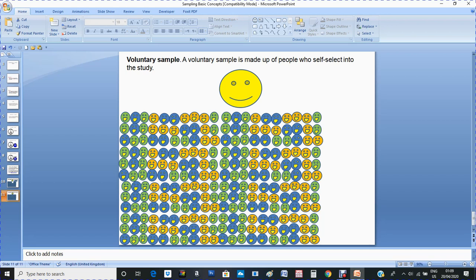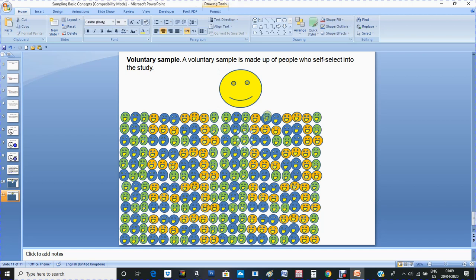So they are voluntary. Suppose that again, this is our researcher and this is the population, and he just posts a request: who wants to participate in my survey or my study?